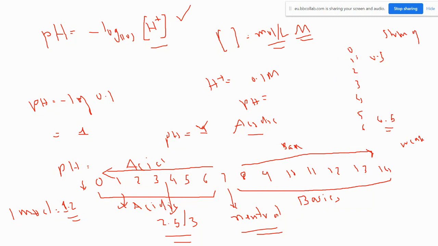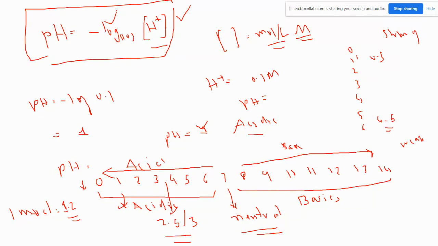Can it be 0, teacher? Yes, it can be 0, to some extent. It depends upon the concentration you have, because this is a numerical value. pH means minus log. If you take the minus log, it could be equal to 0 as well.